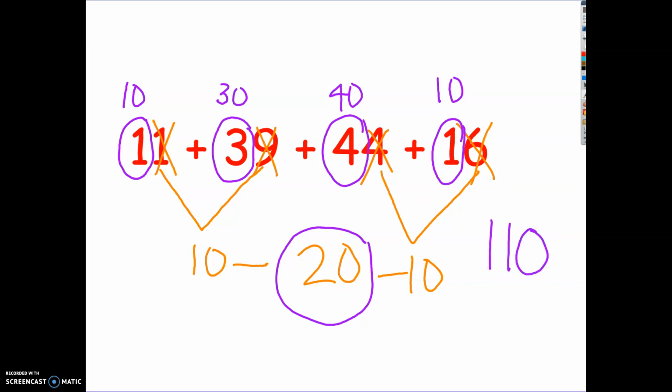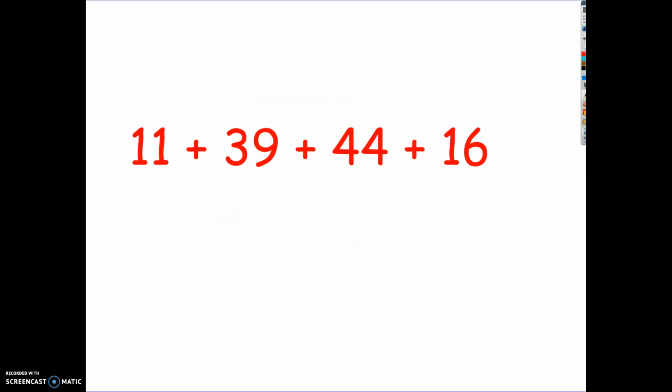So when we can use what we know about combining numbers to make 10s, it can make adding our problems together quite a bit easier.